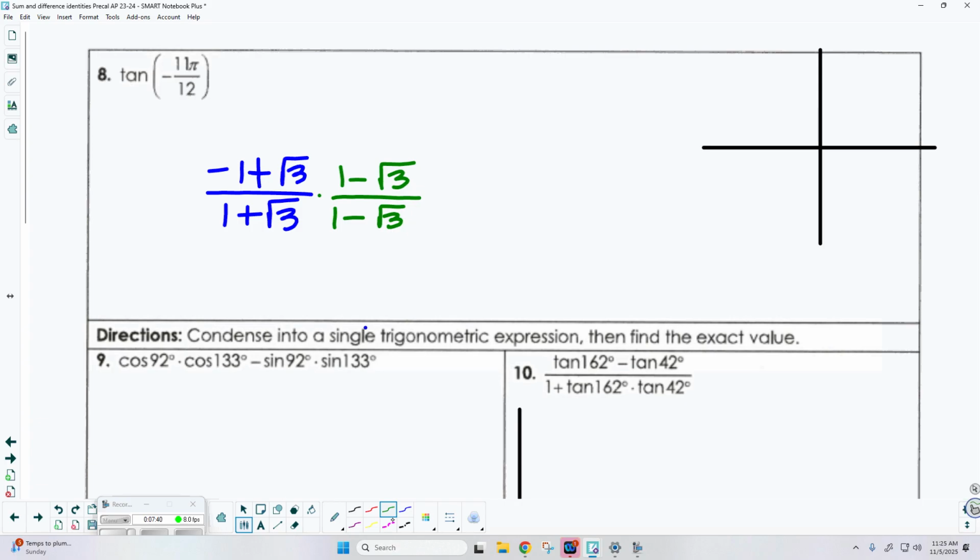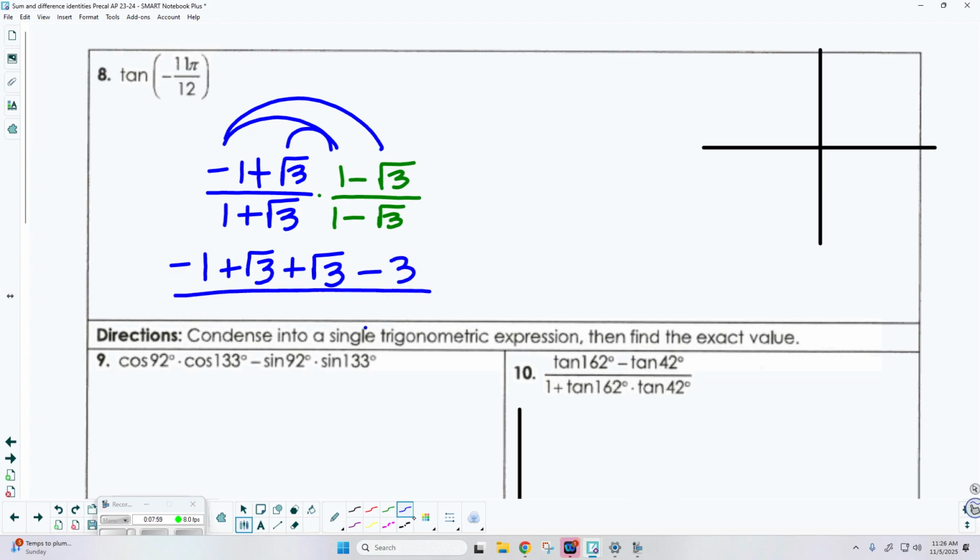Okay, so now I've got to FOIL the numerator and denominator. So let's see here. -1 times 1, -1. That would give me a plus square root of 3 plus square root of 3, and then a minus 3. So there's my first, outside, inside, last. I just FOILed those two together. Now, here's the thing about conjugates.